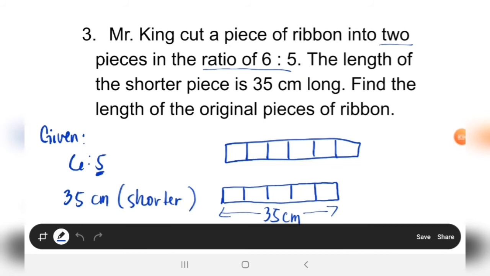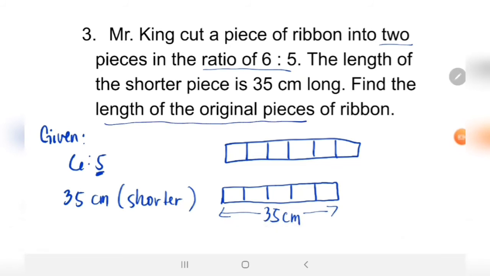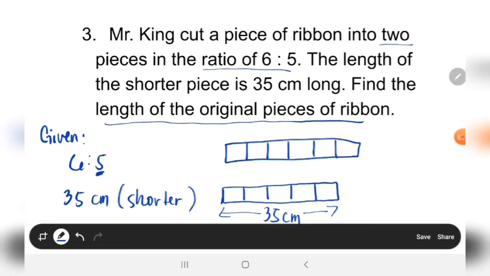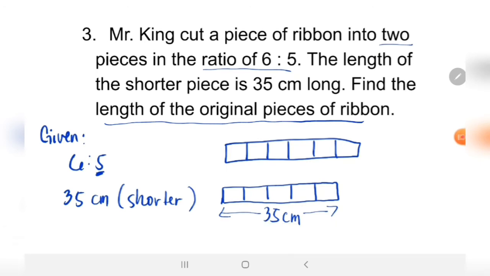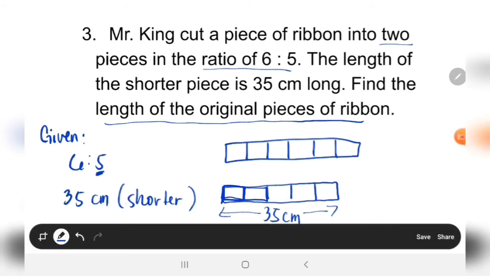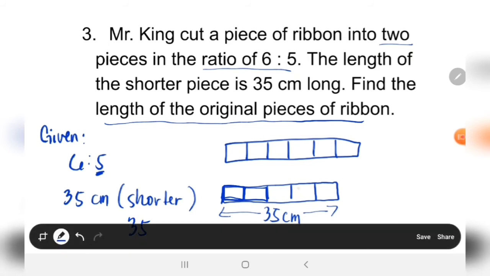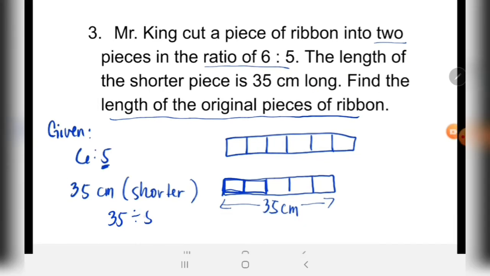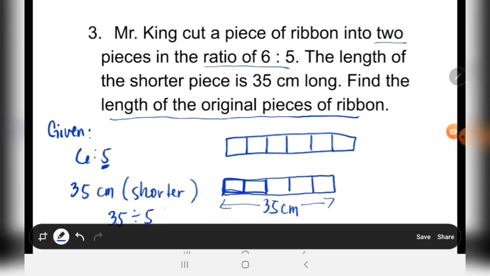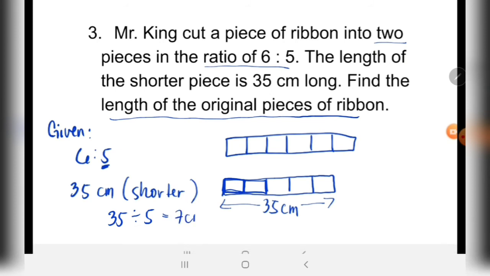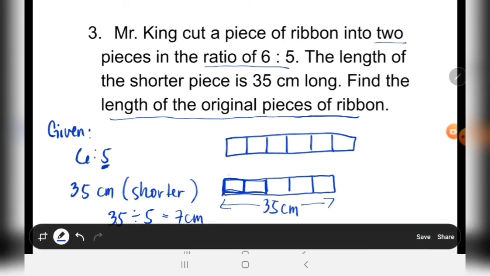We can find out the length of the original piece of ribbon by finding out first the centimeters per unit of the shorter piece. We know that this is 35 centimeters, and there are 5 units, so we can divide it by 5. 35 divided by 5 is 7 centimeters.